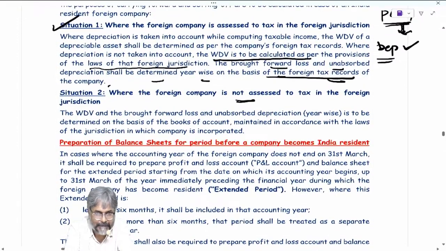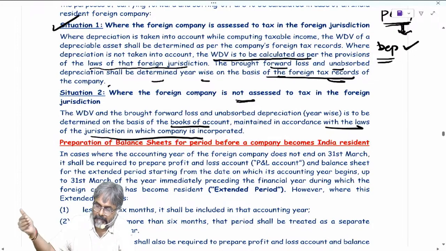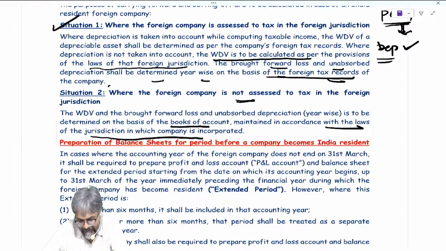Over here, tax records data is not available, but then at least they would be maintaining the books as per some law like the Companies Act in that country. So whatever is the data available as per the applicable law relating to the company, on the basis of that data, the value has to be determined.